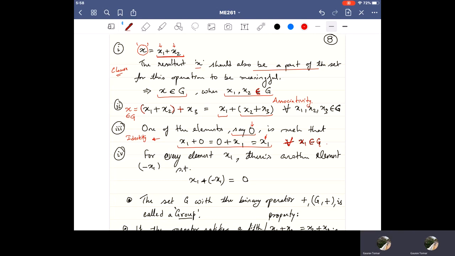Now this identity element also helps us define something called the inverse element. Okay, so if you have an element x1, then you can define an inverse element, which we'll denote by minus x1. And when you add x1 to its inverse element, you get 0. That is essentially the identity element.